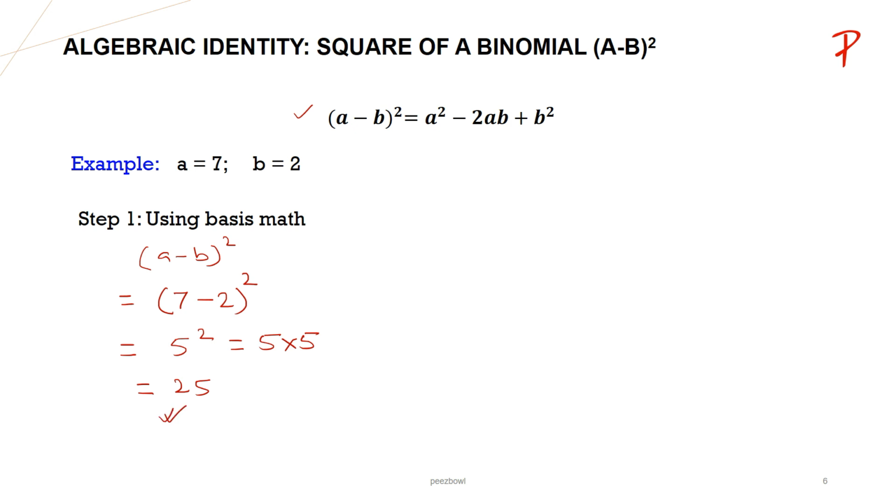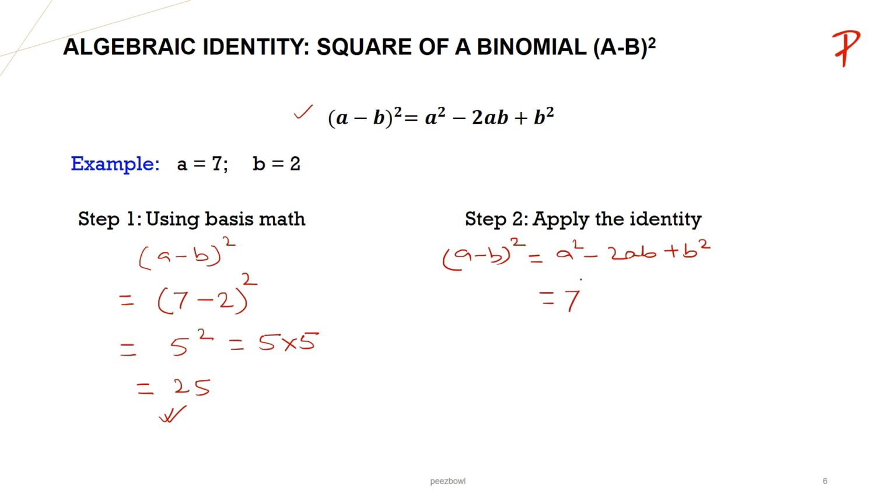Okay, now let us apply the identity. We know the formula, a minus b whole square is equal to a square minus 2ab plus b square. A square we have 7 square because we have considered a as 7 and b as 2, right? Then minus 2 multiplied by a, which is 7, multiplied by b, which is 2, plus b square, that is 2 square.